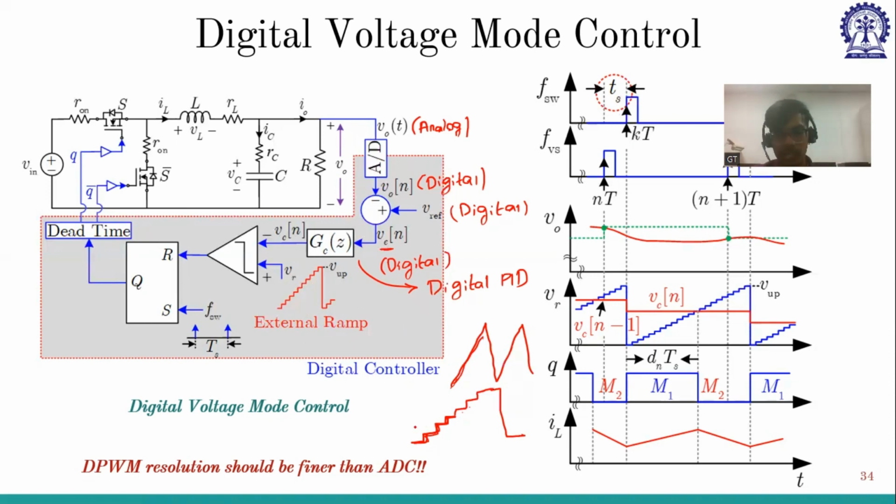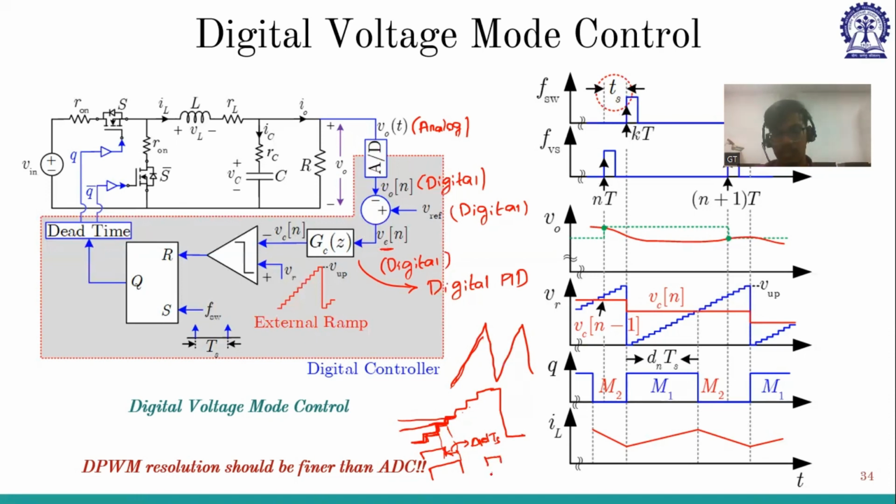So if you see Vcon is here, the duty ratio will be like this. And if Vcon is here, the duty ratio will be like this. So there is this minimum duty ratio step, delta D TS. You cannot get a duty ratio in between, because it has this step size. It is not possible to achieve a duty ratio between this step. So the duty ratio will also be stepwise.